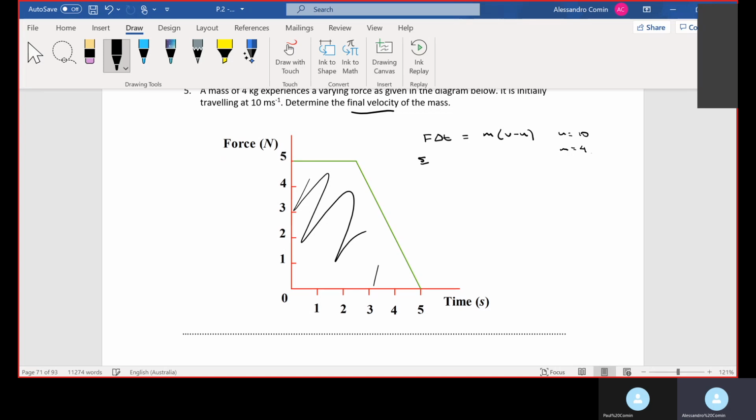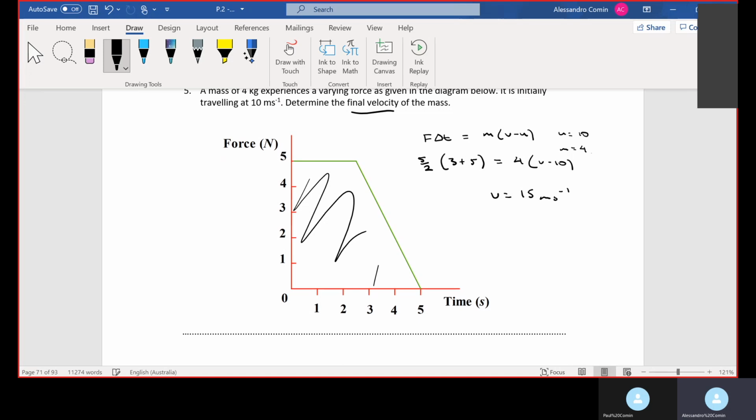That's just 5 on 2 times (3 plus 5), and that's going to equal 4v minus 10, and then all we have to do is just rearrange. So we have v is equal to 15 meters per second.